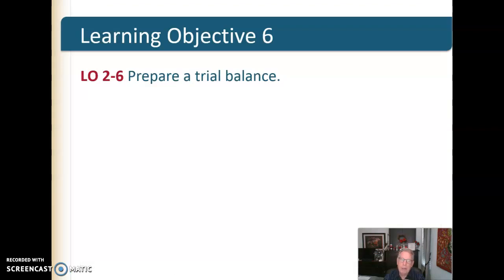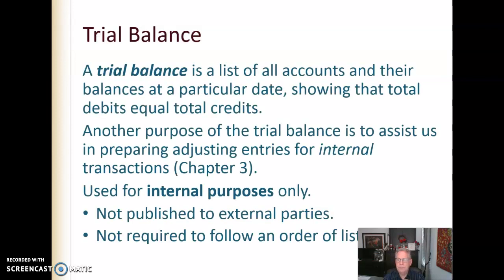Okay, now we'll look at the trial balance. What does a trial balance look like? It's a list of all the accounts and their balances, debits and credits, showing the total debits equal the total credits. And that's its purpose, to make sure that everything's in balance. And eventually it's going to help us with our adjusting entries, but that's in Chapter 3. We'll wait for that fun for the next module.